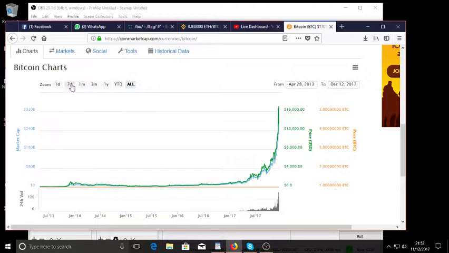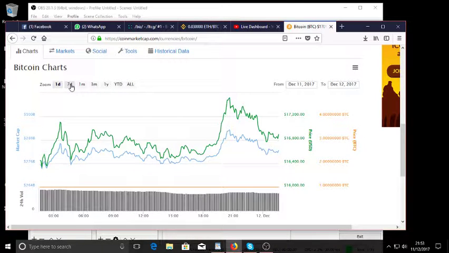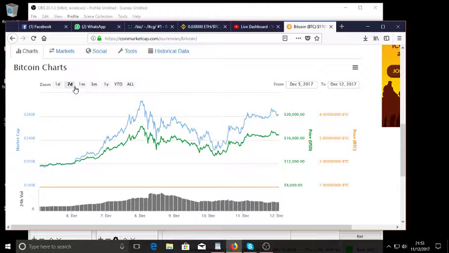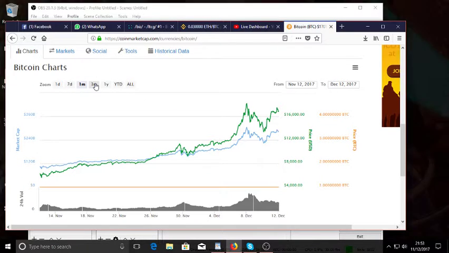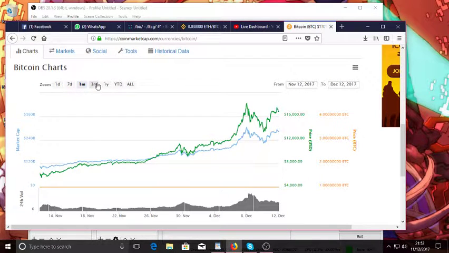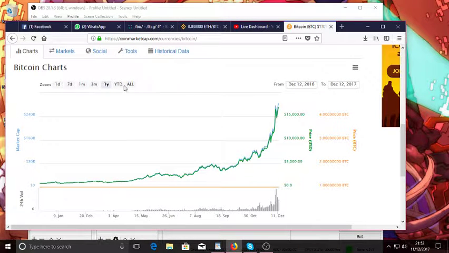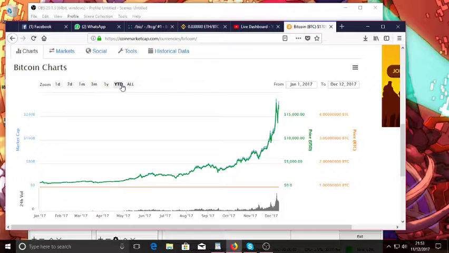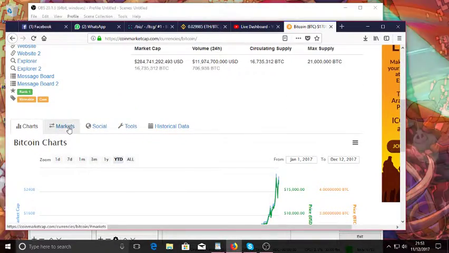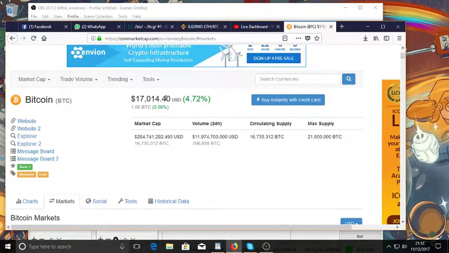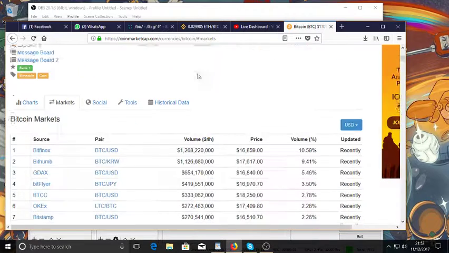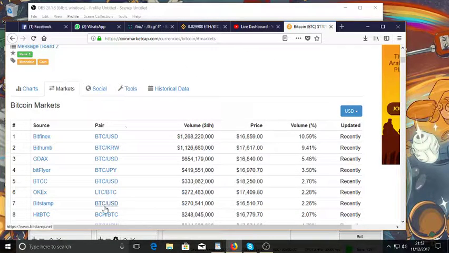And on CoinMarketCap, you can also switch between the times of the charts: 1 day, 7 days, 1 month, 3 months, 1 year. So that's for the charts.